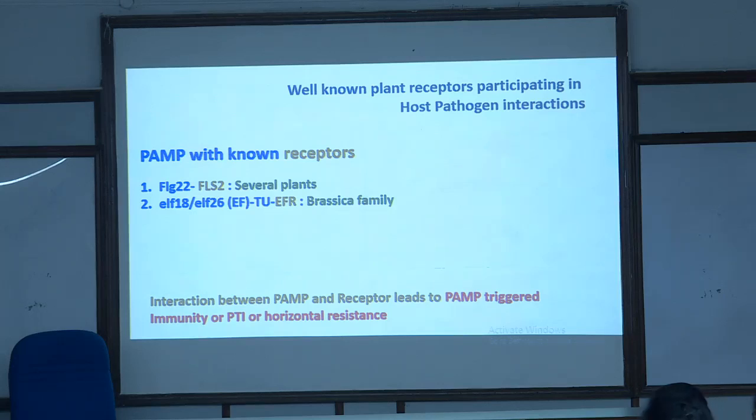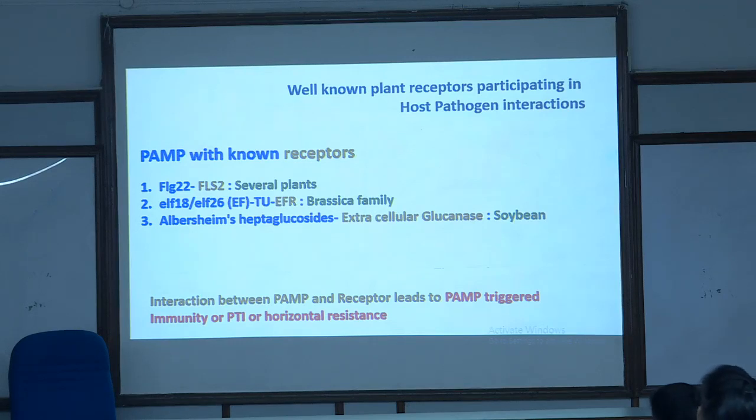They interact with a receptor called EFR, that is elongation factor receptor, documented in the Brassica family, in particular Arabidopsis. And we have another one, Albersheim's heptaglucoside, a receptor interacting with a pathogen molecule, extracellular glucanase, from Phytophthora megasperma in the soybean system.